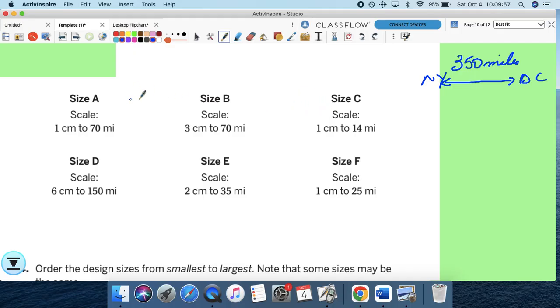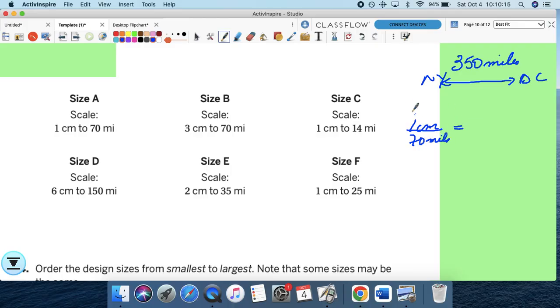So let's try scale A. For scale A, it says 1 centimeter is 7 miles.